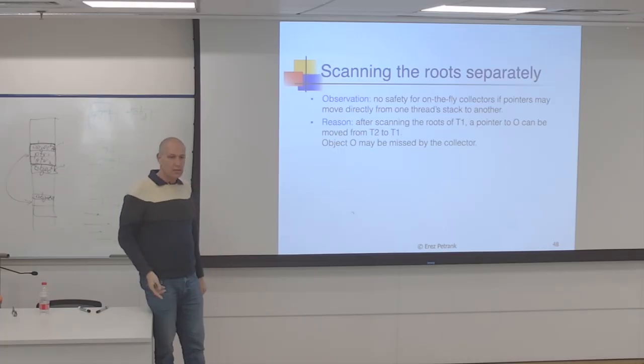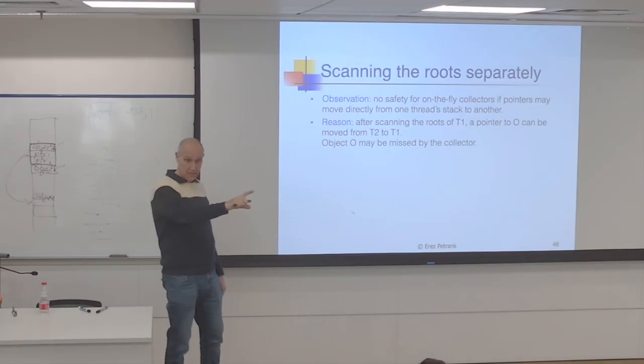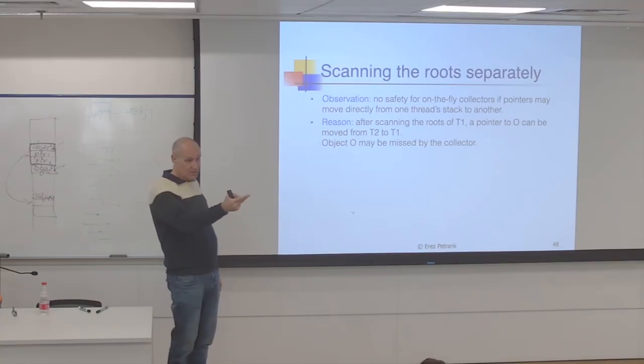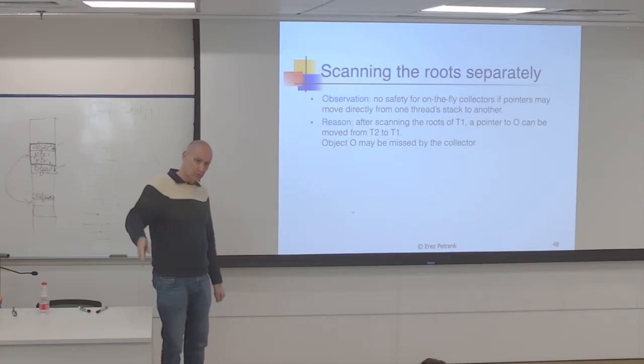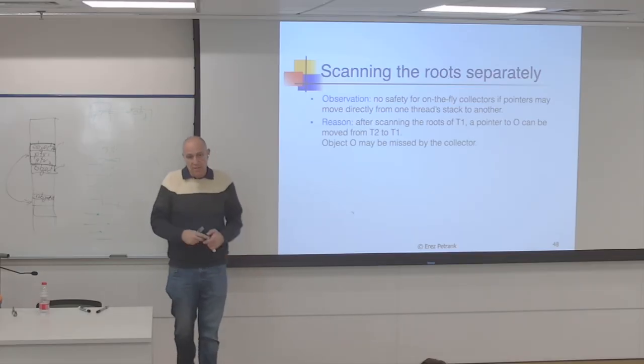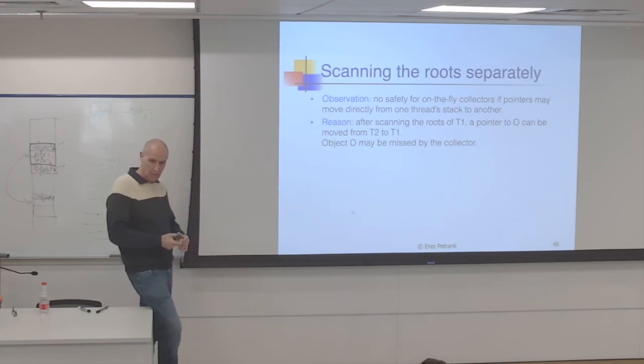Maybe T1 is looking at its roots and it doesn't have a pointer to something. And then at a different time, I go to T2 and look at the roots. And just between those times, I move a pointer from T2 to T1, and then I will not see this pointer. And there's no way I will see it unless I put some monitoring on the roots. And I don't want monitoring of the roots.